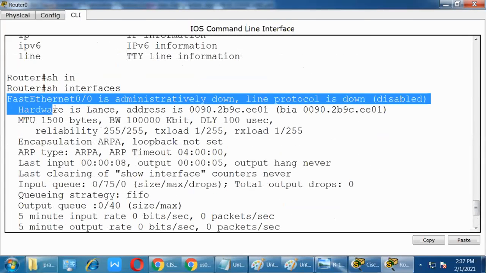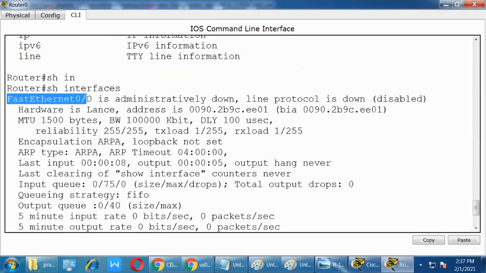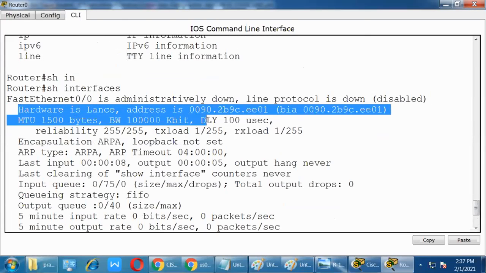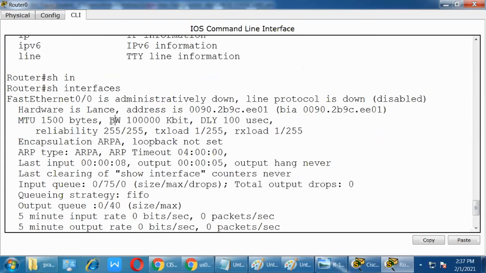Here, FastEthernet 0/0. What is the speed, each and everything it will show you. We will discuss. Bandwidth 1 gigabit here. I've entered the router and I'm showing inside the router.